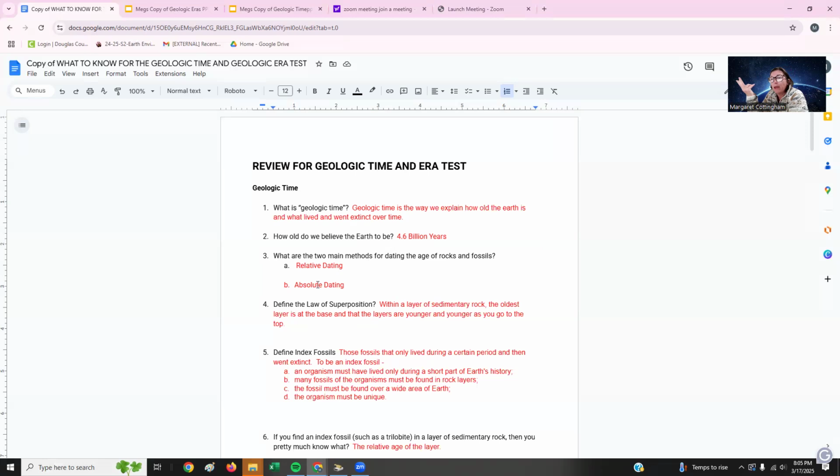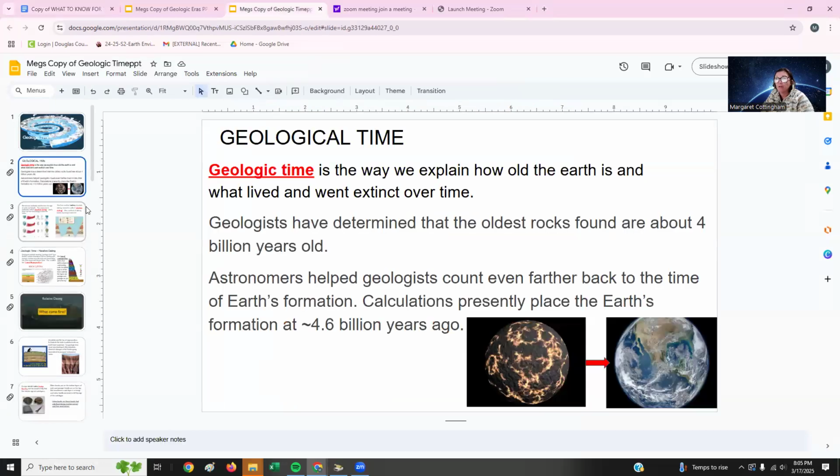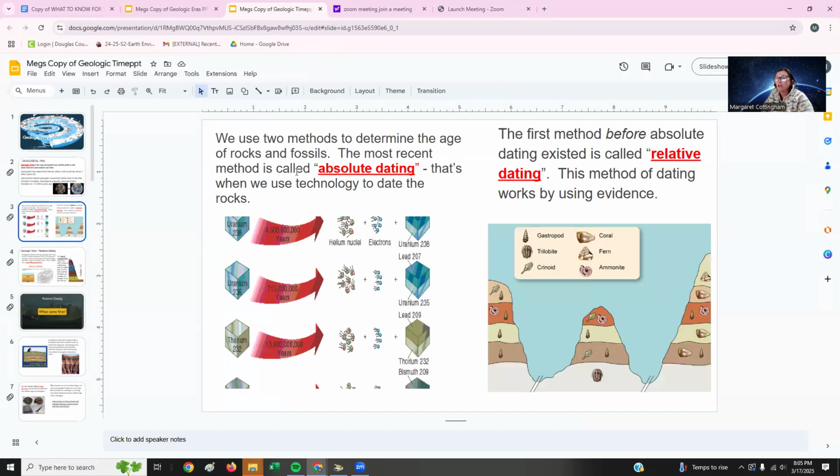There are two different ways of dating rocks and fossils. The first one's relative, and basically relative dating just says, hey, it's in this layer and there's other layers on top of it, so it must be older than the stuff on top of it. So if you go to geologic time and scroll down, here are your two answers.